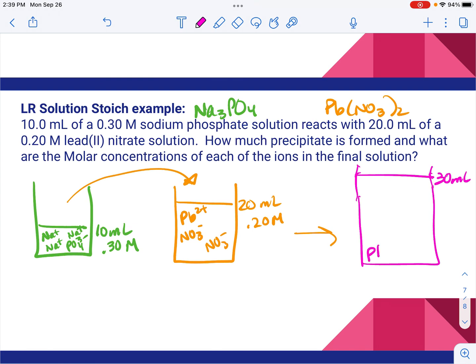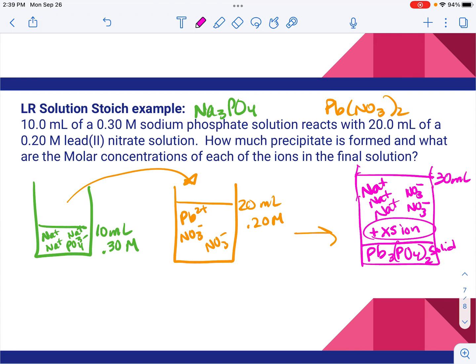There's some lead phosphate, Pb3(PO4)2, sitting as a solid on the bottom. And then in the rest of this volume up here, there's going to be the spectators, which would be the Na+ and the NO3-, plus whoever's not limiting, my excess ion, however much is left over.